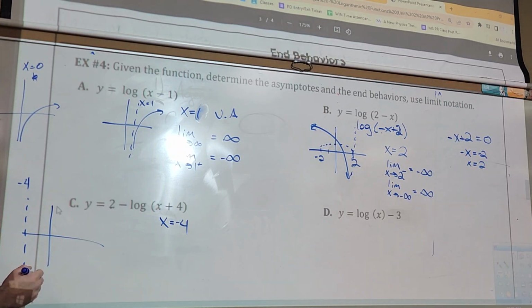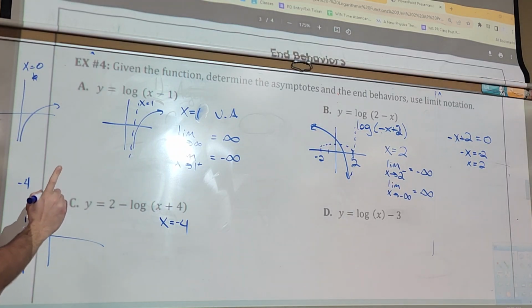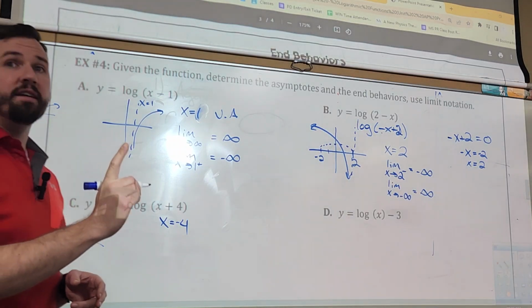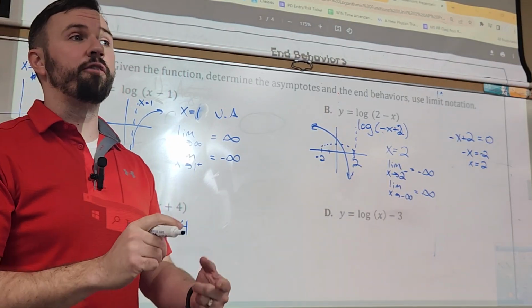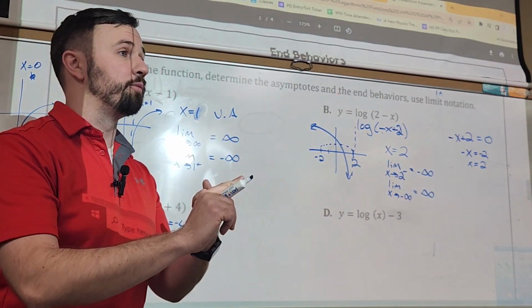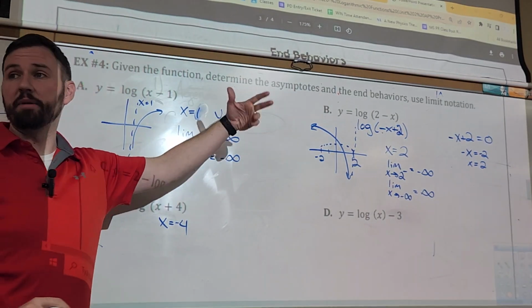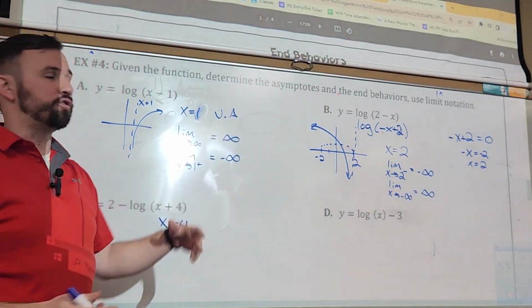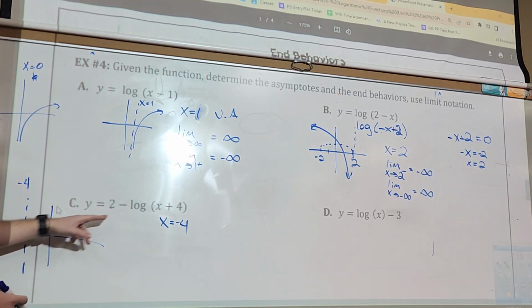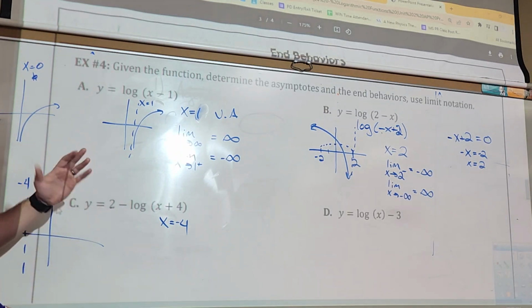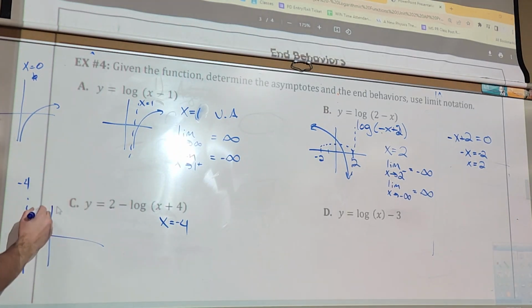What's the 2 going to do? Move it up 2, right? Now, does moving it up 2 affect our vertical asymptote at all? So I don't care. The 2 is going to move it up 2. That's cool. But what's that negative do? It flips it. So it's going to look like that, right?